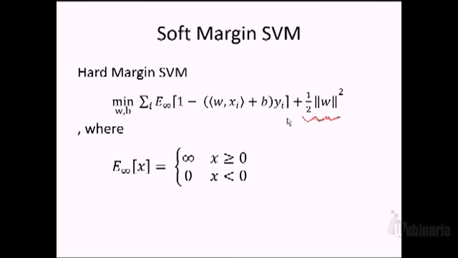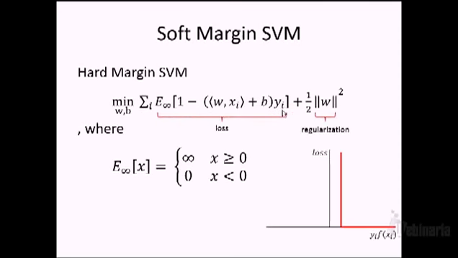We are minimizing the half squared norm of W subject to some constraints, and we can represent these constraints as a function that's equal to 0 if the constraint is satisfied and equal to infinity otherwise. And so this function can be plotted this way.